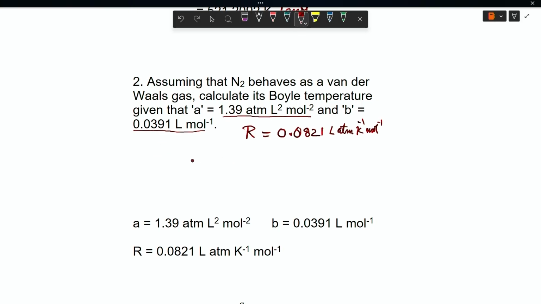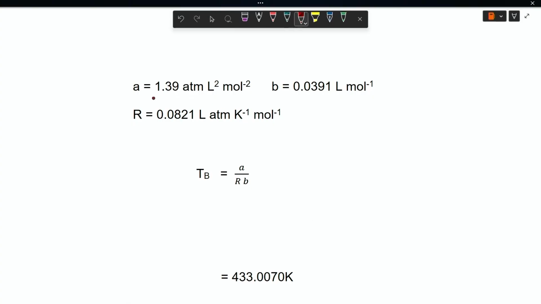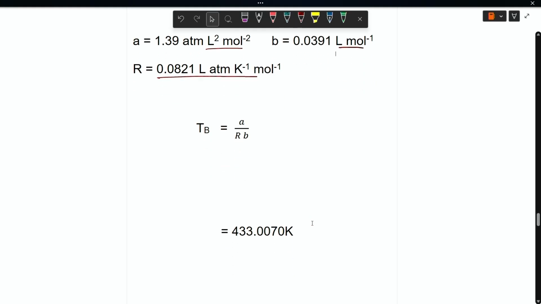Now, in this case, that is the point to be noted, and that is why I have given both in the liter atmospheres as well as in the newtons per meter. Here the values are given for A, B, and the value of R is taken in liter atmospheres, because here it is all in liters and atmospheres per mole.